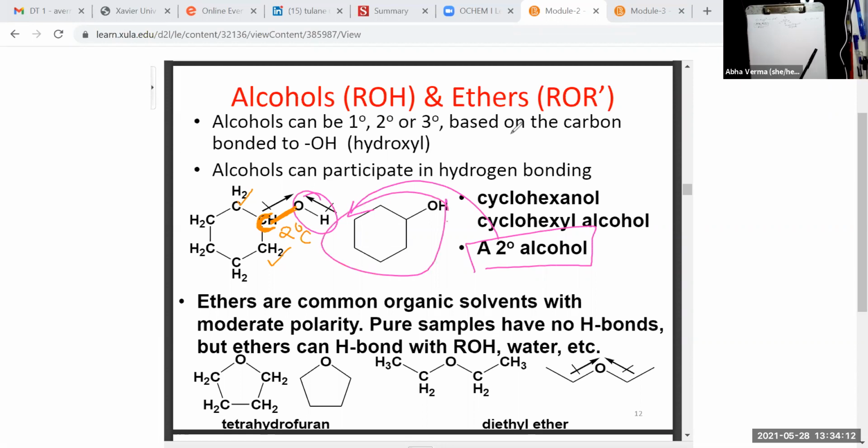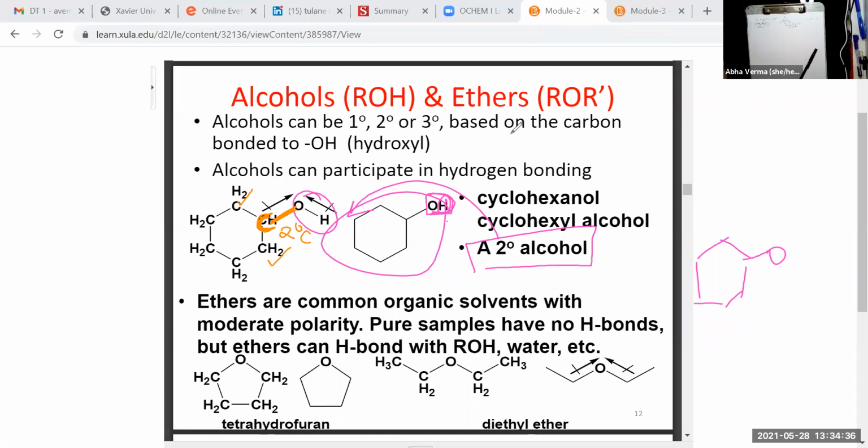And this is your bond line structure. In bond line structure, the hydrogens on carbon are usually not marked. But if a hydrogen is with a non-carbon atom, we will always write it. We cannot just leave it like this, where people will assume that there is an H next to it. Don't do that.